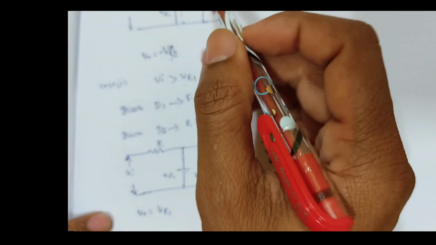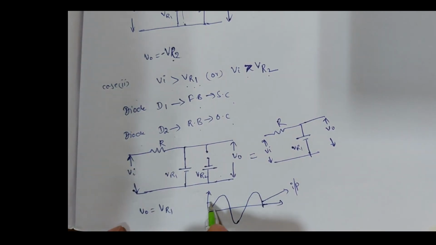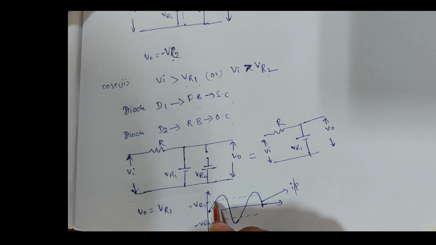Below the reference voltage, here I am indicating VR1, it is positive, and this is minus VR2, it is negative. Below the reference voltage VR1, what happens?